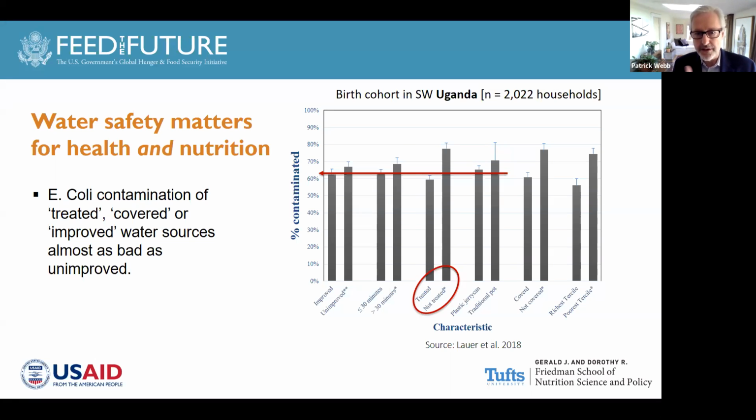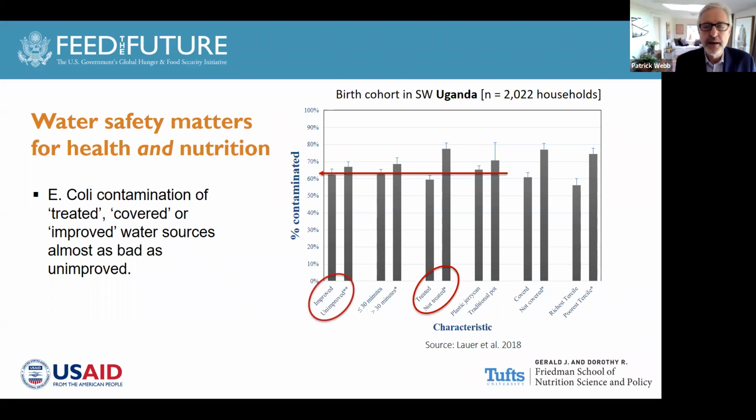So sometimes the not treated is worse, the unimproved is worse, but not by a whole lot. But my point is, even improved sources of water, treated sources of water, plastic jerry cans versus traditional pots, you're still seeing more than half of the samples contaminated with E. coli, right? So it's not just about, oh, we've fixed the problem by ensuring a pipe.